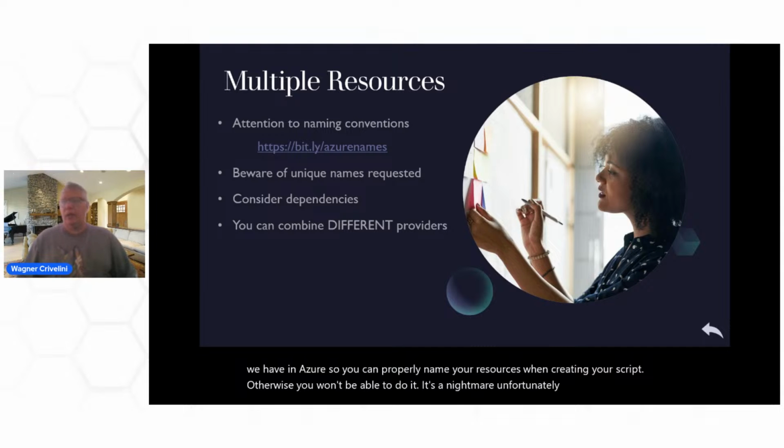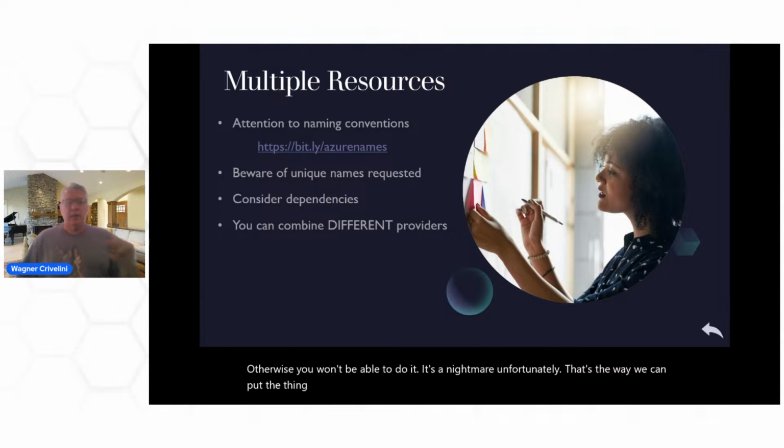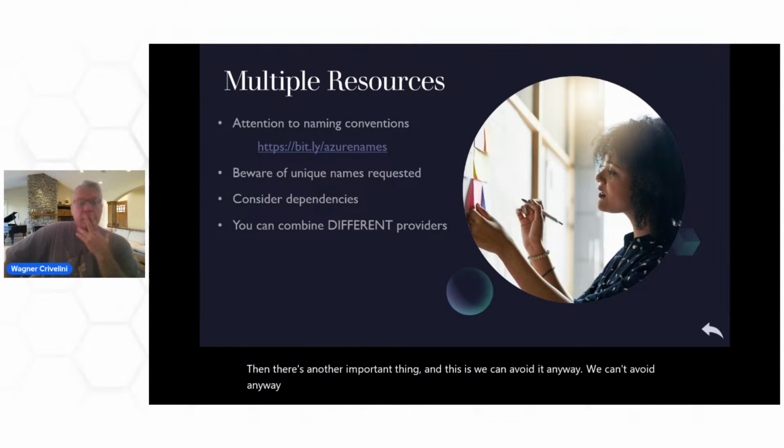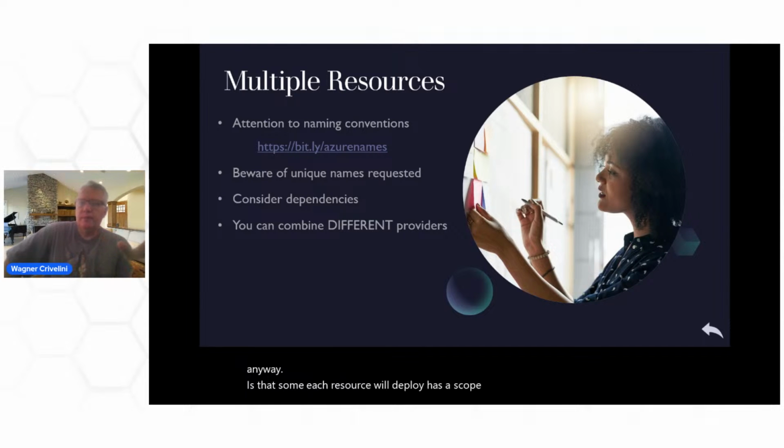Unfortunately, that's the way we can put the thing. Then there's another important thing, and we can't avoid it anyway: each resource you deploy has a scope. And some resources have a global scope.